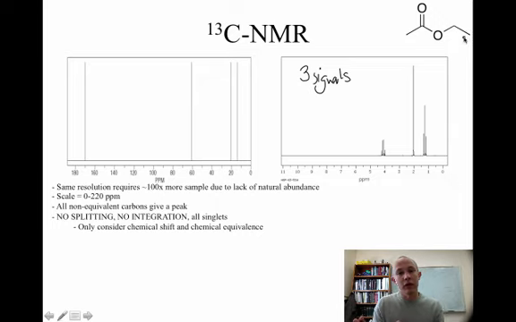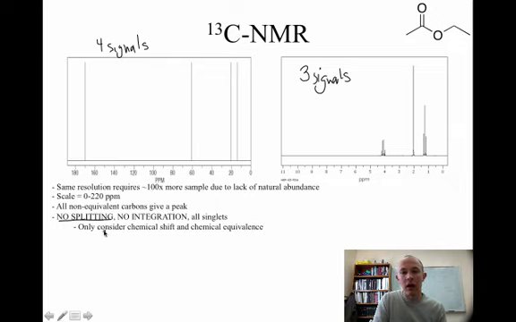And chemical equivalence for carbon NMR is exactly the same as proton. So none of these carbons can be interconverted through mirror planes or rotational axes. So now in the carbon NMR of ethyl acetate, we see 4 signals for each unique carbon. But notice that there's no splitting. So the first thing that you want to note about carbon NMR: no splitting, all singlets all the time.